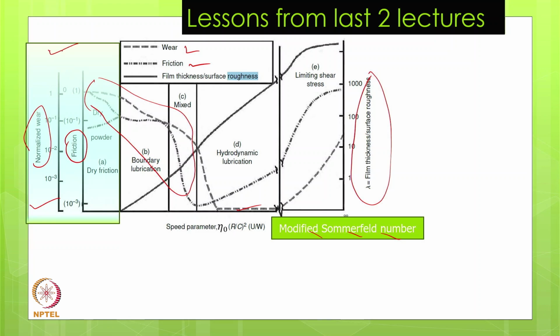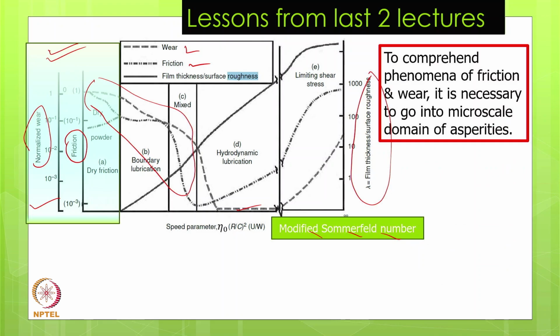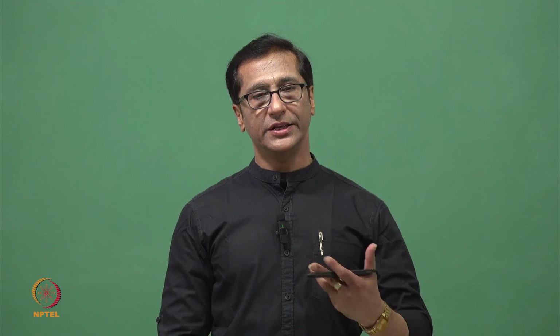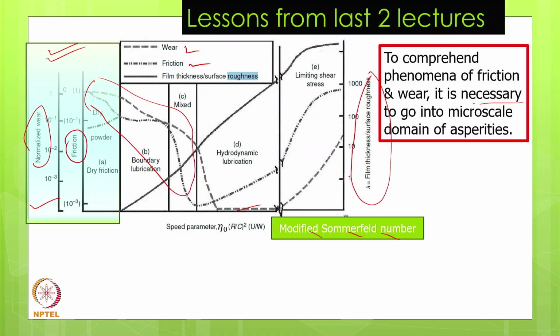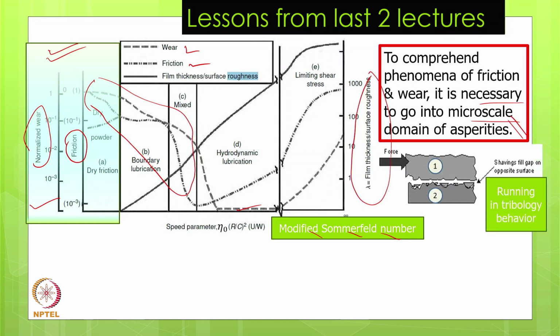In the present lecture we are trying to focus mostly on dry conditions, and to really think about friction and wear in a proper way, we need to think at the micro scale. The reason being, asperities are there and the asperities are going to affect friction and wear. This also covered the running-in and behavior of tribological components or tribopairs.